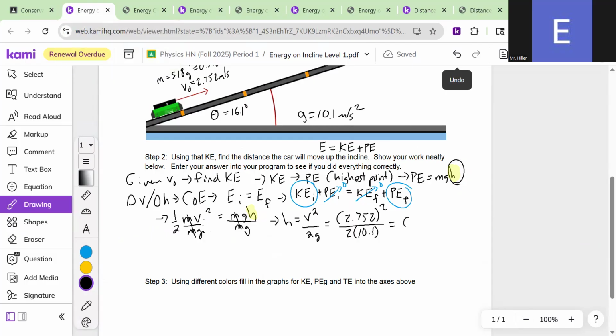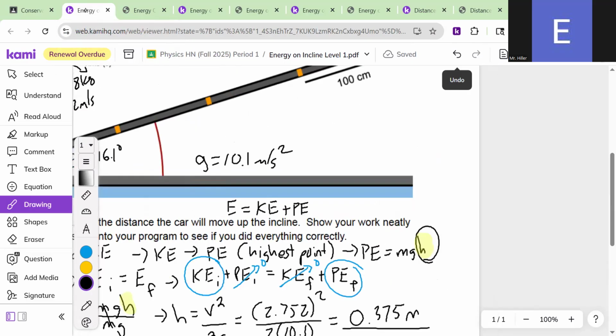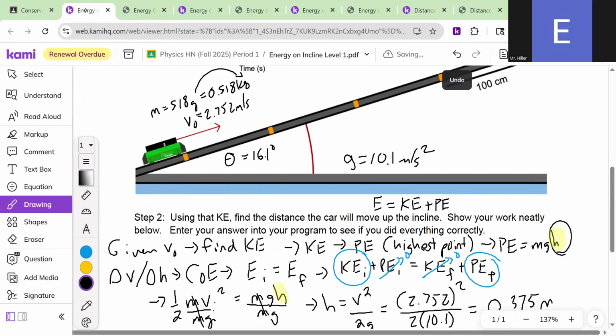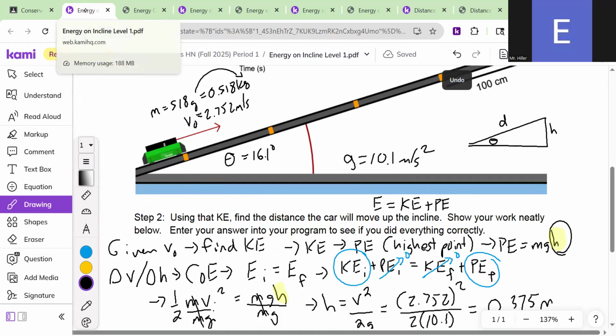Okay, so now for me, I'm getting a height of about 0.375. 0.375 is my height. Now, what I'm trying to say is this. I'm going to draw a small picture of it. This is my theta. This is the distance I'm trying to find. I already found the height.